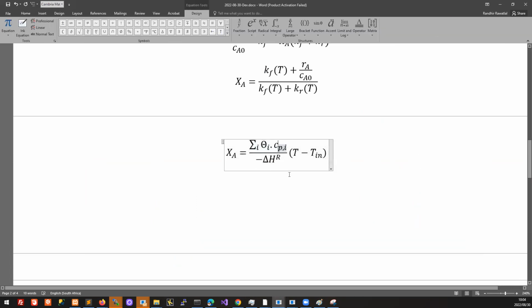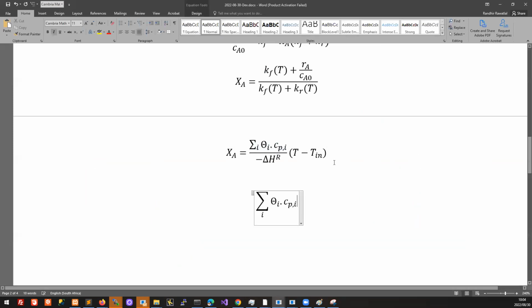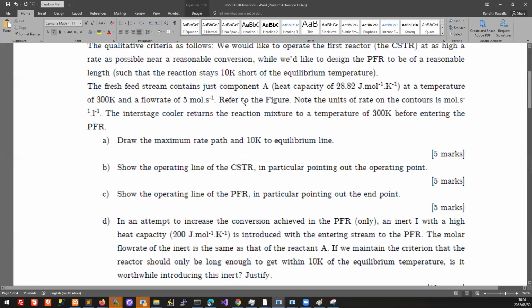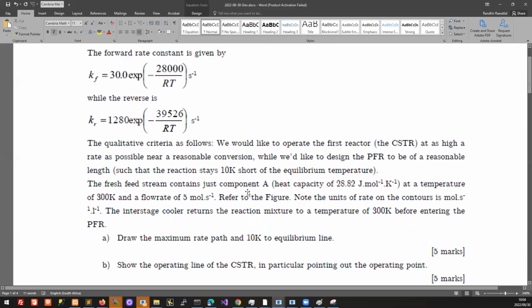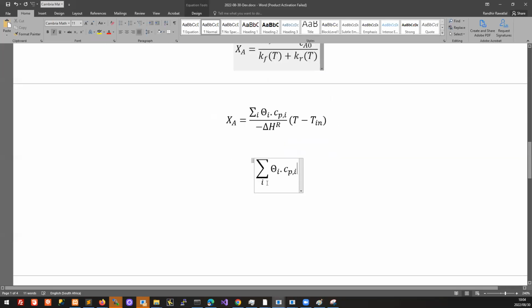So in the numerator, we can see the theta I CPI. And if we think about what the problem says, we have pure A initially. So the fresh stream contains just component A. So only component A is there. So that means we have a theta A of 1. Maybe let's write it strictly.